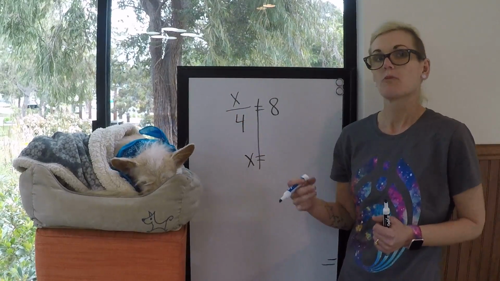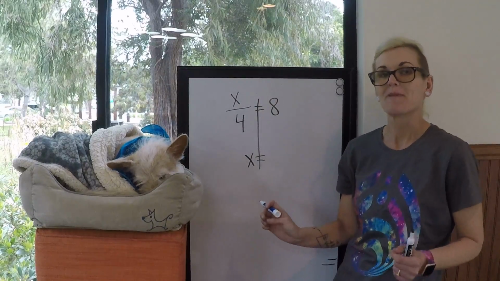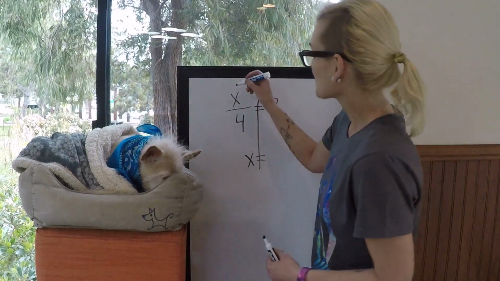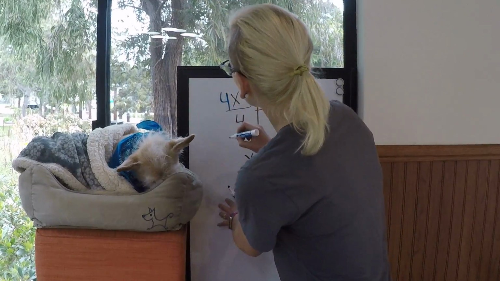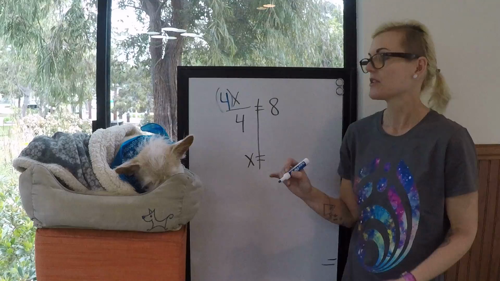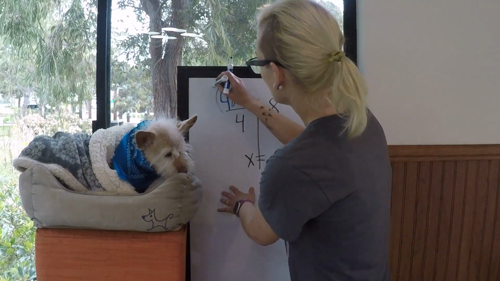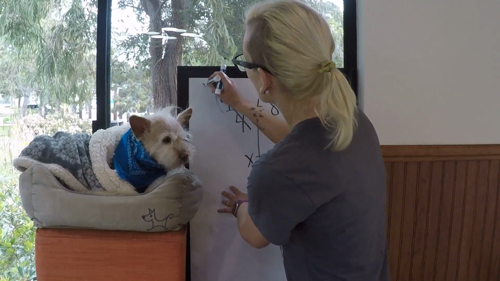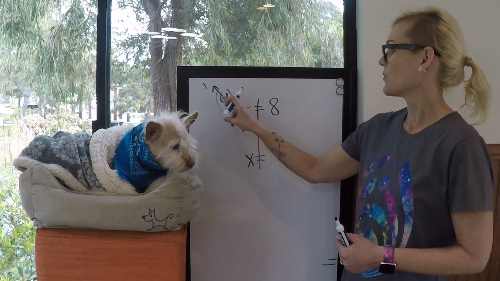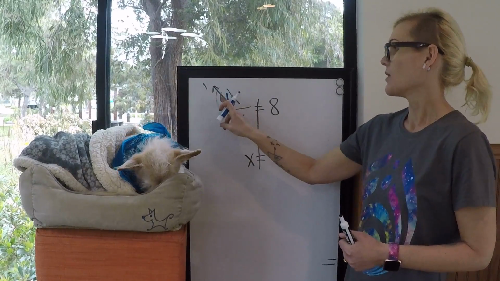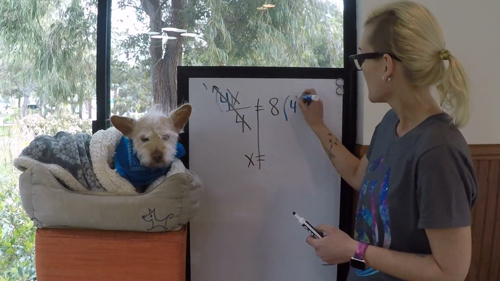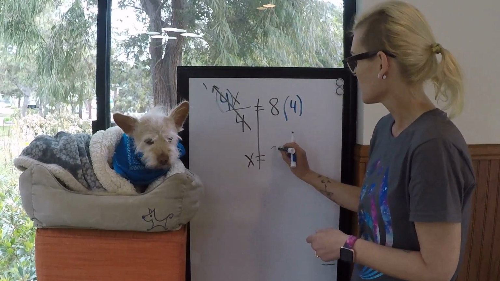Well, a 4 on the bottom means to divide. The opposite of division is multiplication. So I'm going to multiply. By multiplying, that number is going on the top. 4 divided by 4 gives me 1. That's your multiplicative inverse. I'm really multiplying. Whatever I have to multiply one side by, I have to multiply the other side by.